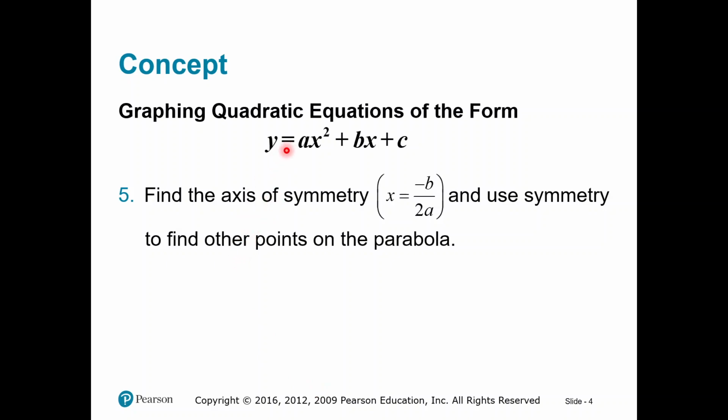Step 5, we want to use the axis of symmetry, which is x equals negative b over 2a, and then use the symmetric property. We can do that by getting two other points.